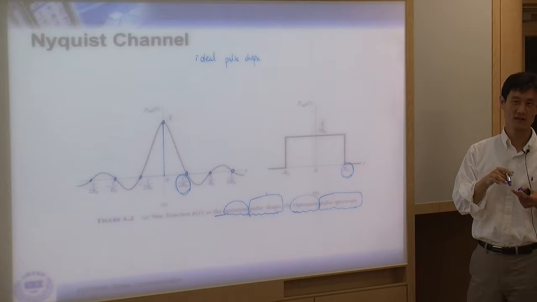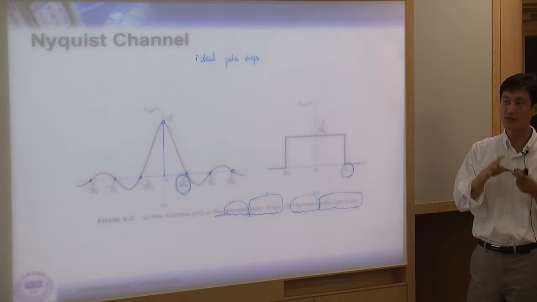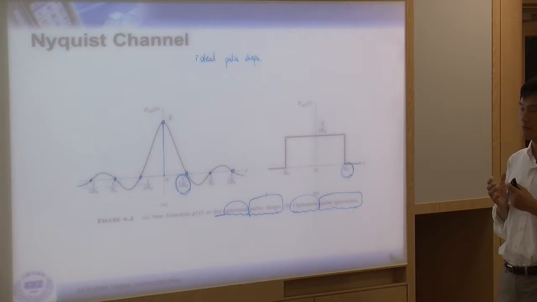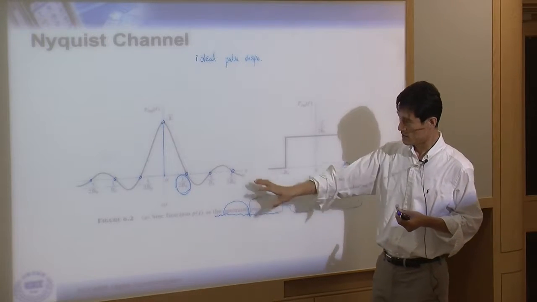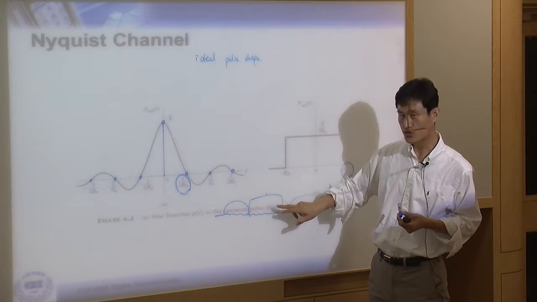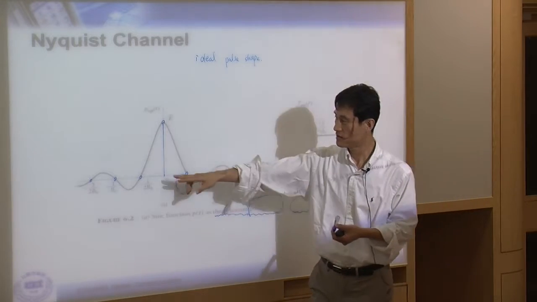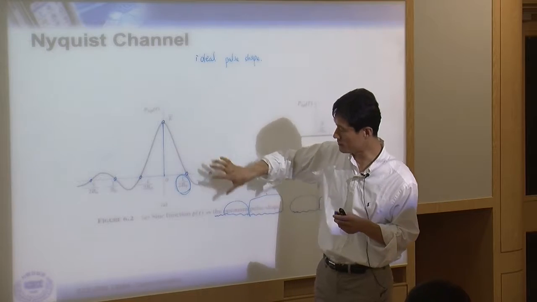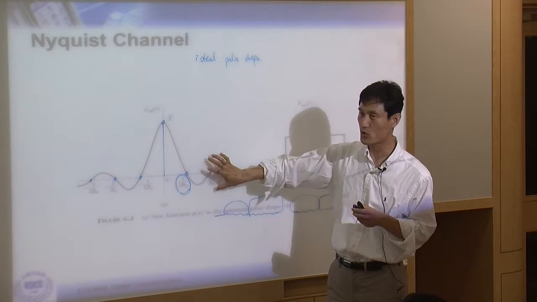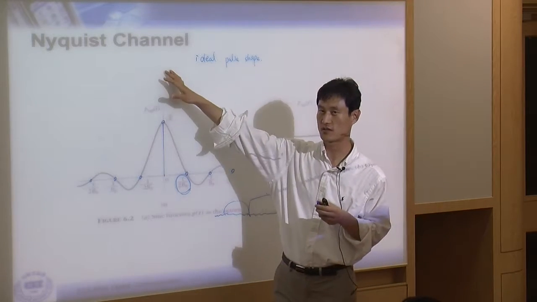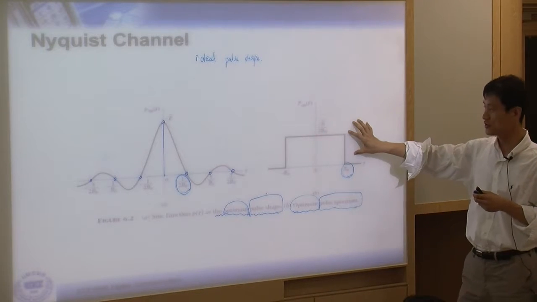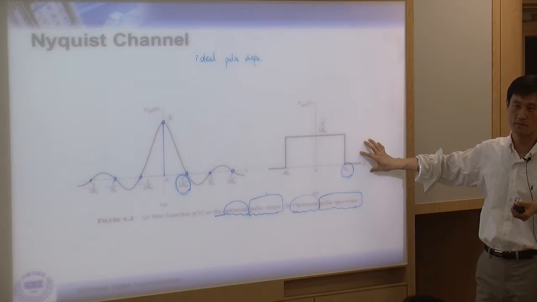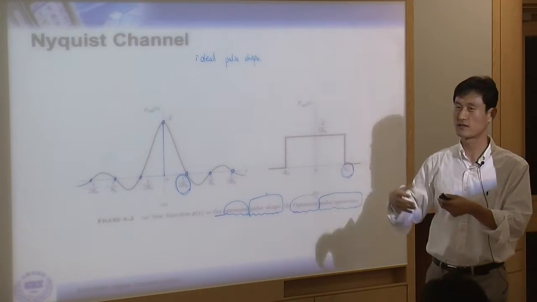When you see pulse shape, that means time domain signal. So this is the optimum or ideal time domain pulse shape of the Nyquist channel. This one shows you the optimum or ideal pulse spectrum. This is what we want.